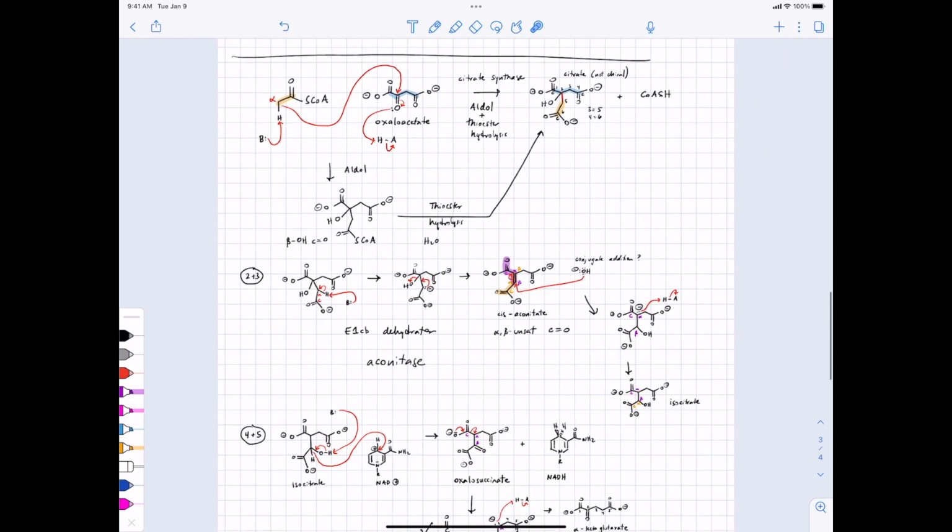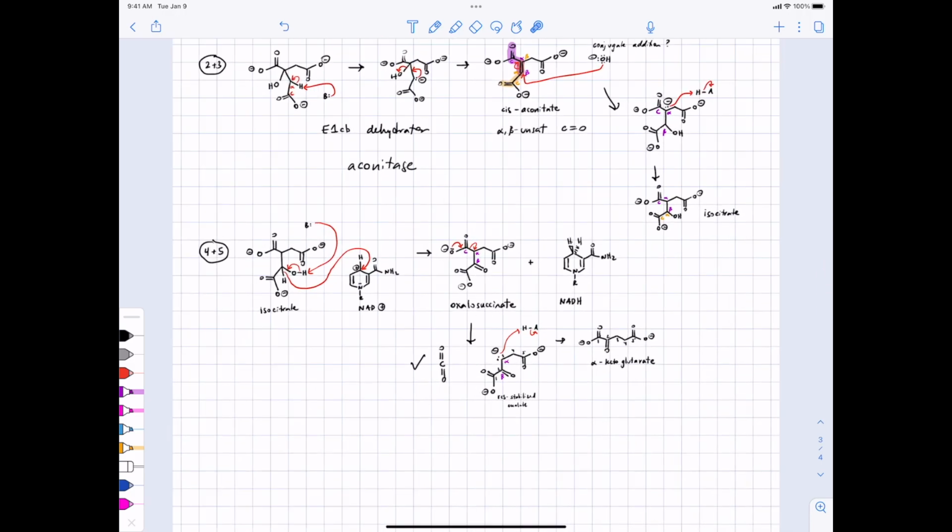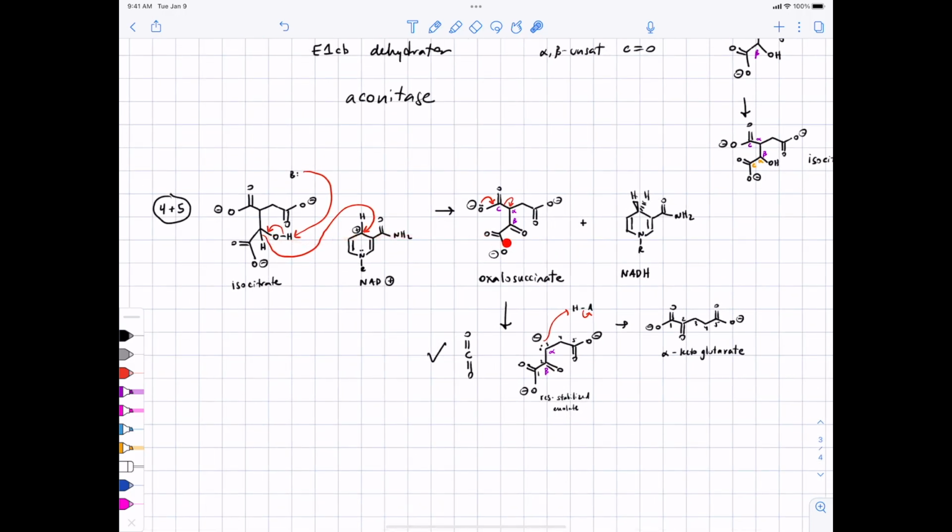Just looking, we did the aldol reaction, followed by thioester hydrolysis, but we got the OH group in the wrong place for making an alpha or a beta keto acid, so we moved it using dehydration followed by conjugate addition. Then we oxidized the new secondary OH group to a ketone, generating a beta keto acid, which spontaneously decarboxylates to give us alpha-ketoglutarate.